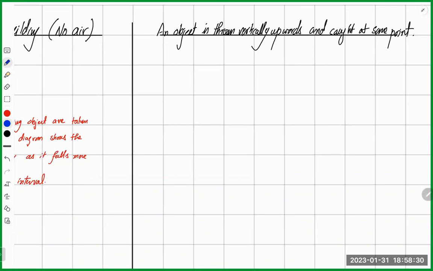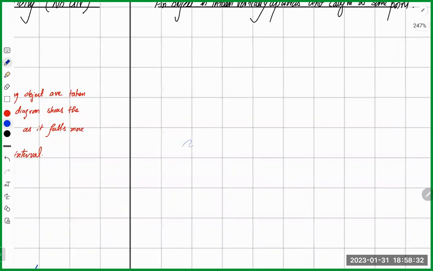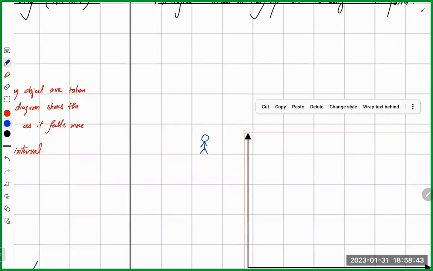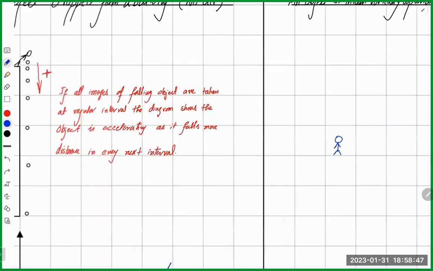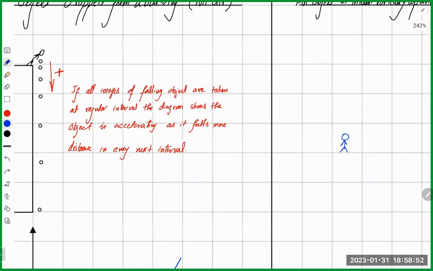So this is a person. So what he does is he throws an object upwards and then catches it back. So this person throws something upwards.